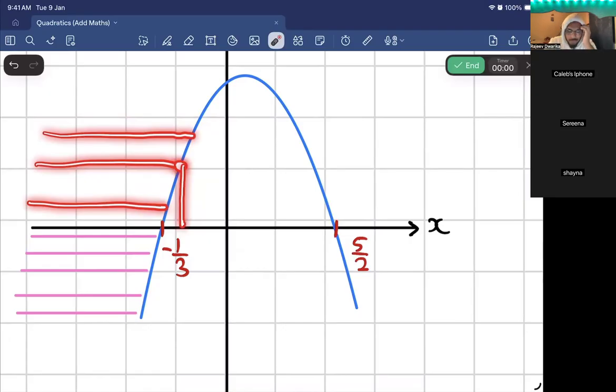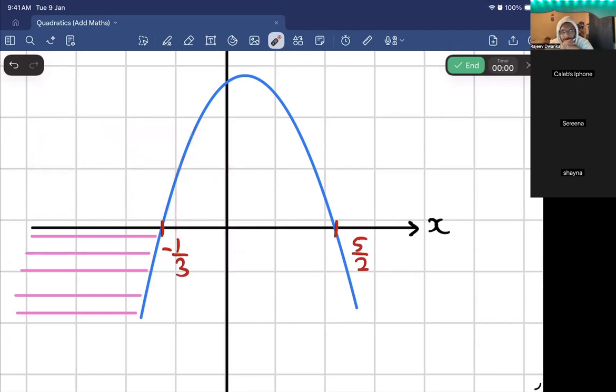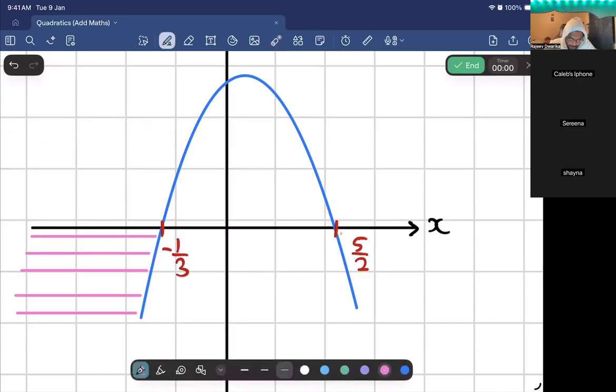No, sir. And if I take a y read off, is it less than 0 or more than 0? More than 0. So can I shade above? No, sir, I can't do that. If you shade above, it'll be wrong. And same concept on this side.